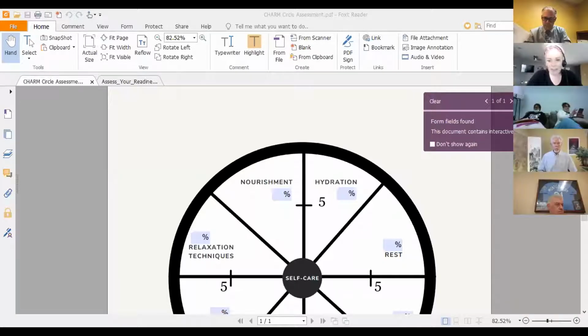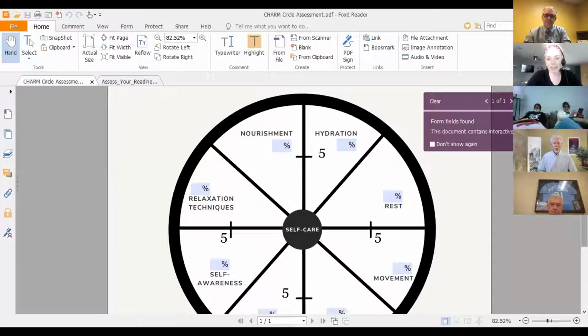I'm not going to go over each one, but we did make this little area where you could fill in a number of how you feel you are in this area, how you assess how you're doing right now in terms of progress or intention or focus.